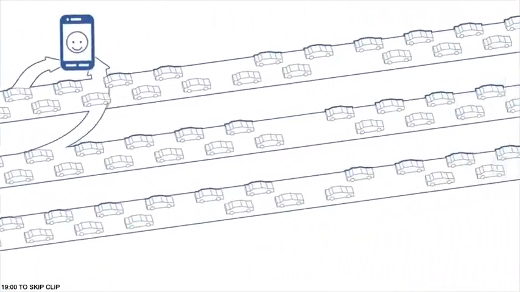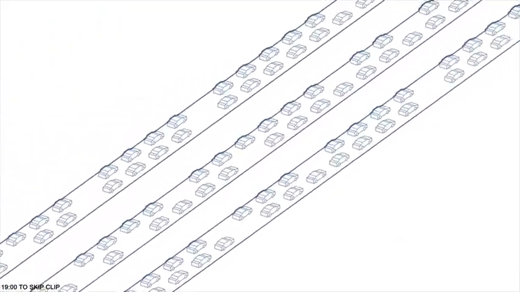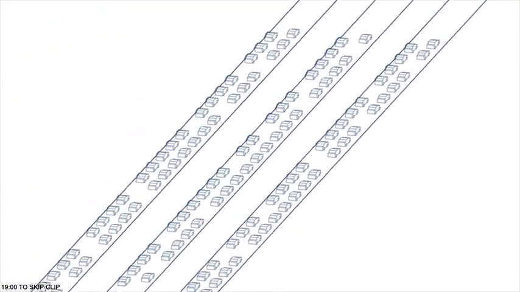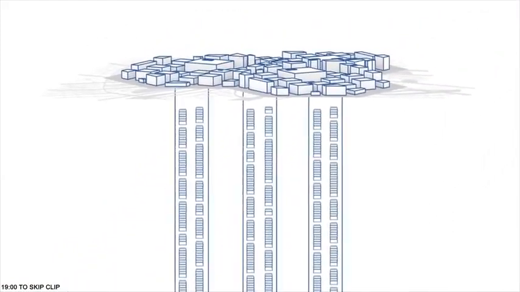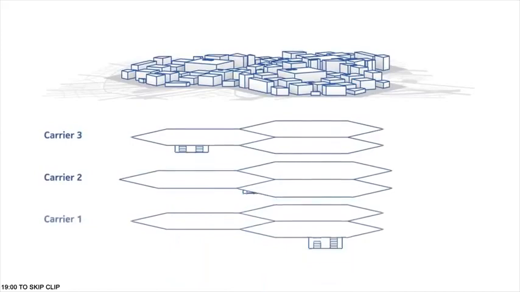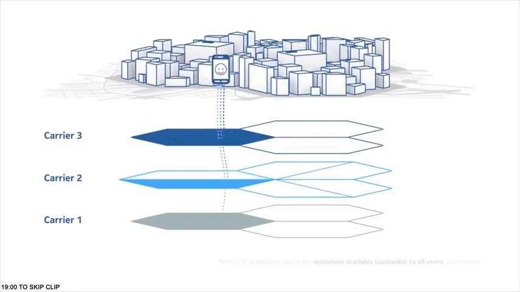In reality, LTE advanced networks provide high-speed access to anywhere in the country, unlike highways, which can only access certain destinations. What may appear simple is actually complex when considering carrier aggregation on a multi-layer network. To serve the increasing number of users at more and more locations, the number and variety of radio cells in the network must grow.